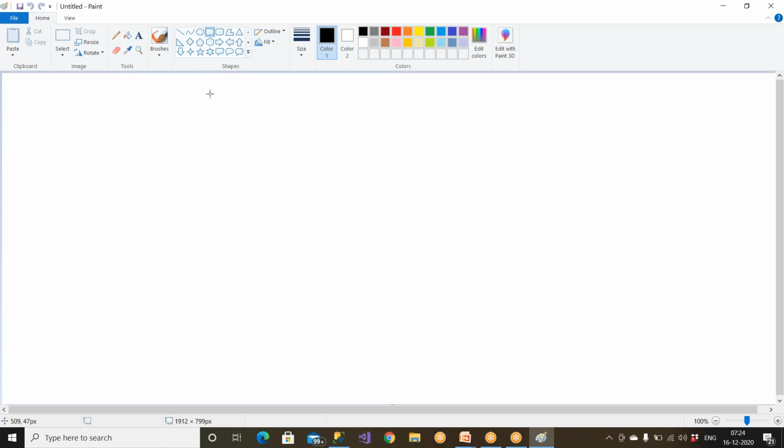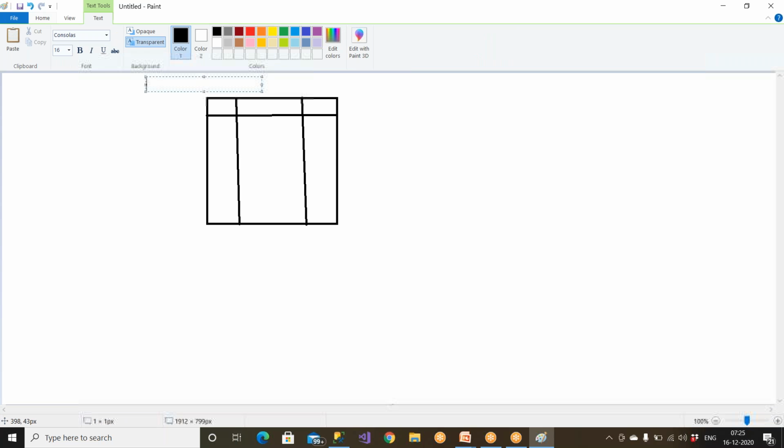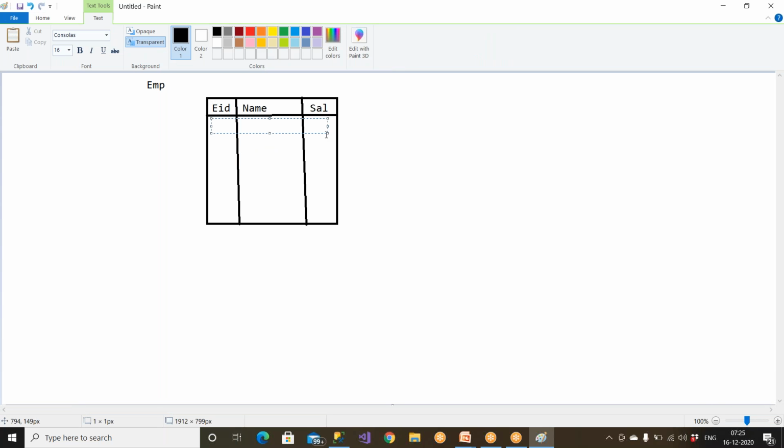So I'm talking about a table. Let me create a table. The table has a few columns. This is my table. The table name is employee table, with employee ID, employee name, employee salary. I want to store a lot of data in it.